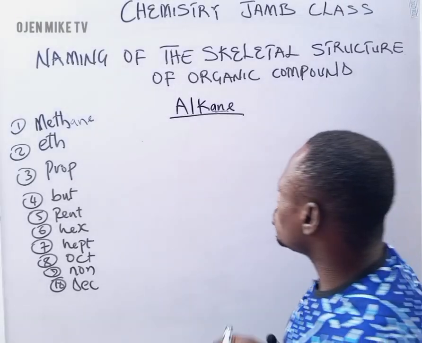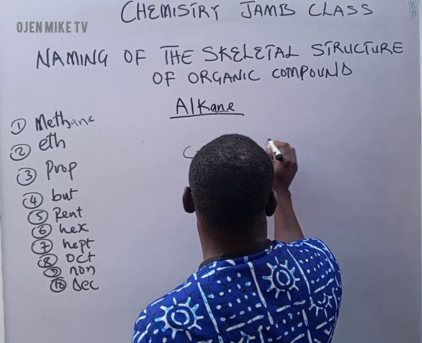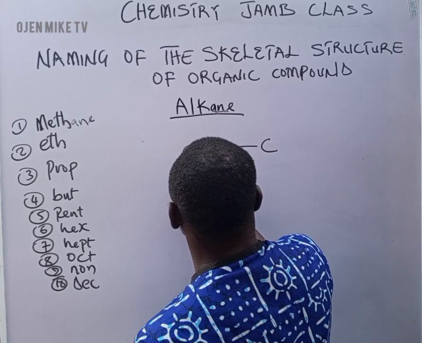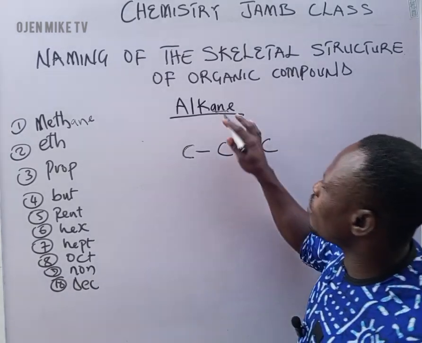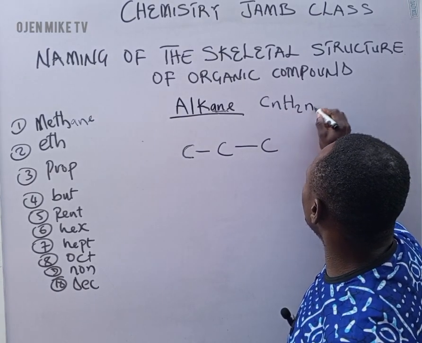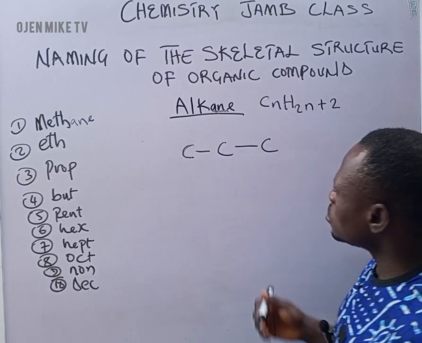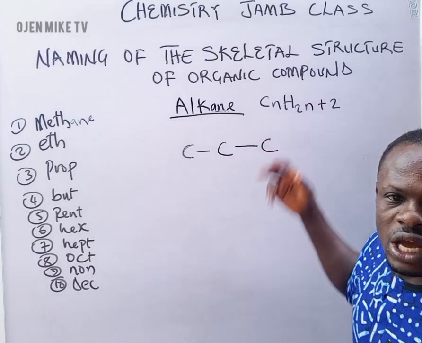If I should draw a structure like this, 1, 2, 3. Then remember, according to the formula of alkane, it is CnH2n+2. So 3 carbon atoms will give you how many hydrogen atoms?